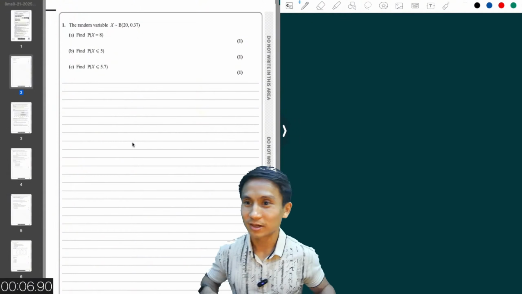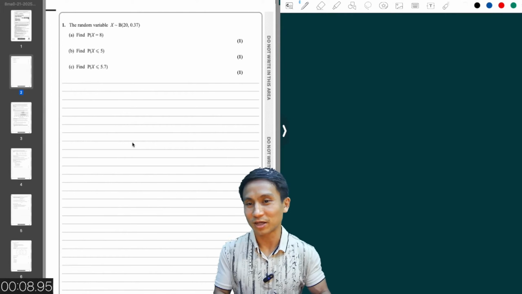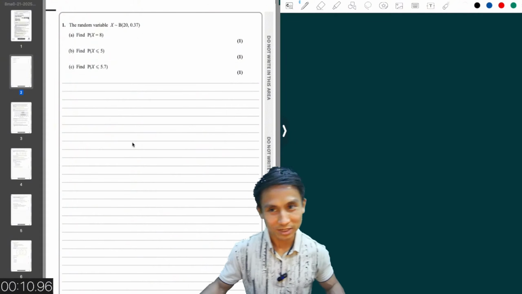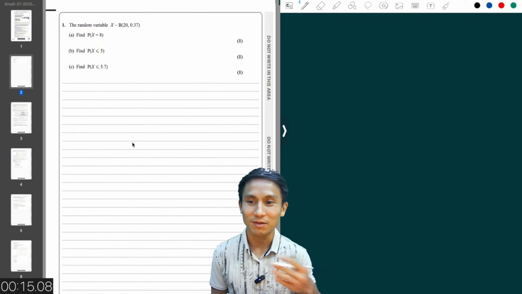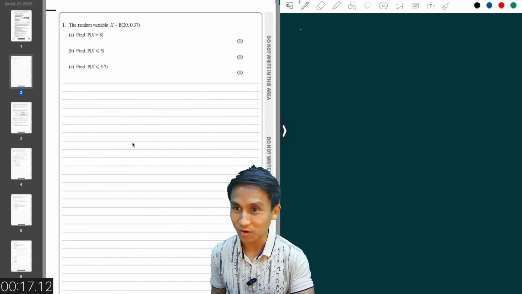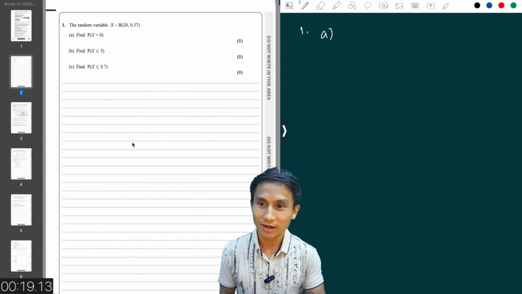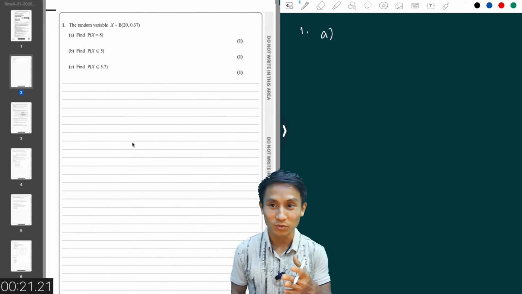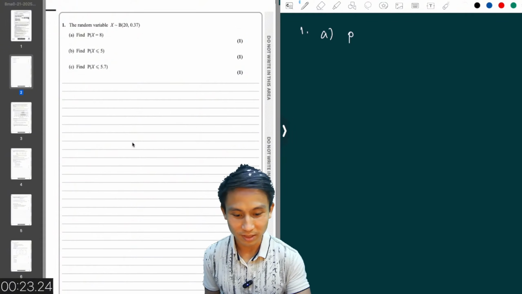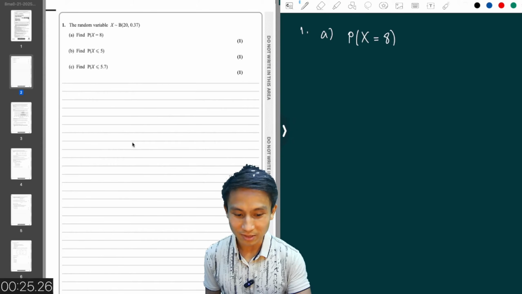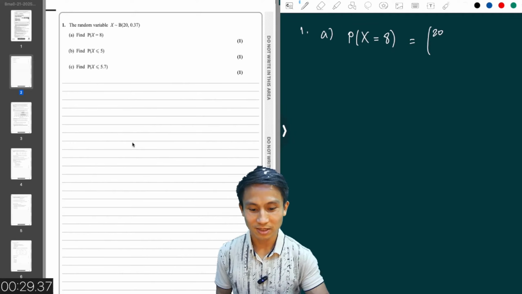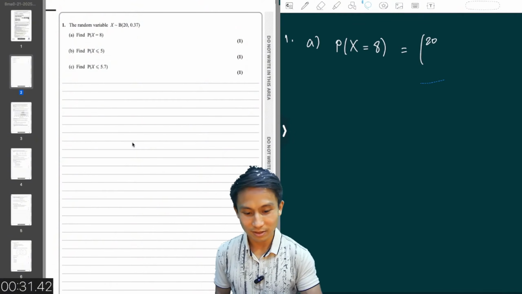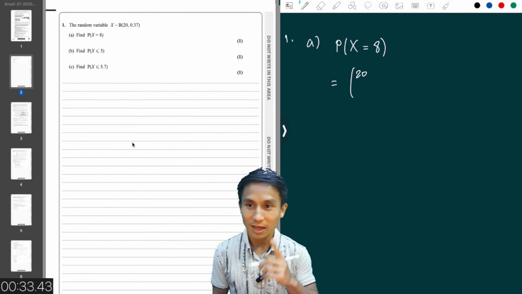Number 1. The random variable X is modeled as binomial with 20 trials and probability of success 0.37. Part A, find P(X = 8). There's no problem there. That should be easy. For the probability in a binomial distribution, you just use the formula. So that's going to be n, which is 20, and 8.